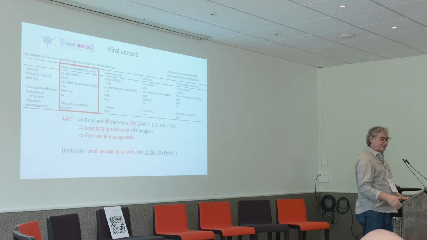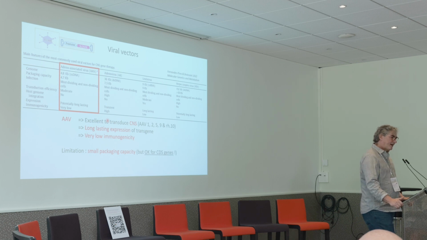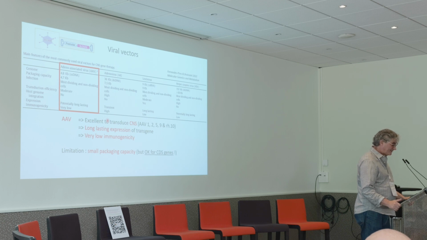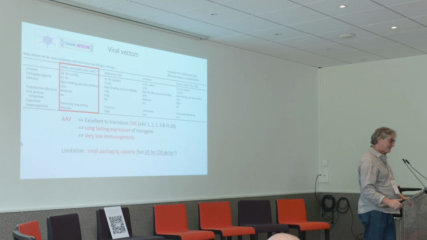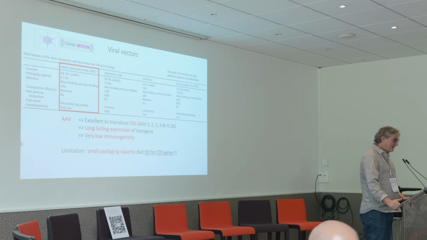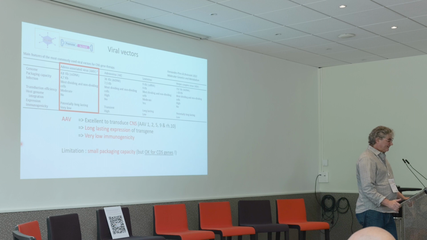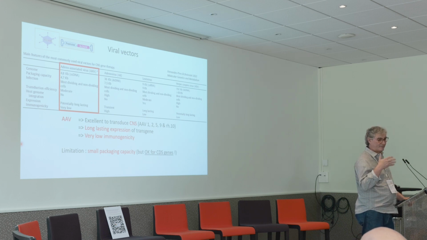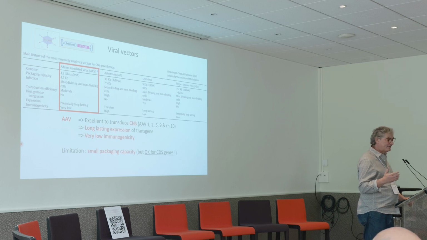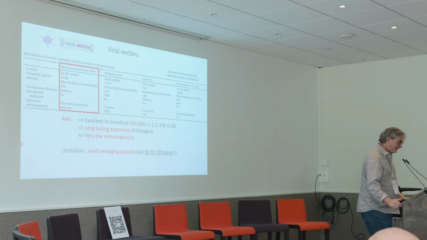For the case that interests us today, the viruses that have been chosen so far are the adeno-associated viruses. They are quite good to transduce the brain, the central nervous system, and there are a few serotypes that allow this. They can lead to a long-lasting expression of the transgene, and what is very interesting, they elicit no or very low immunogenicity, which can be a problem with other viruses.